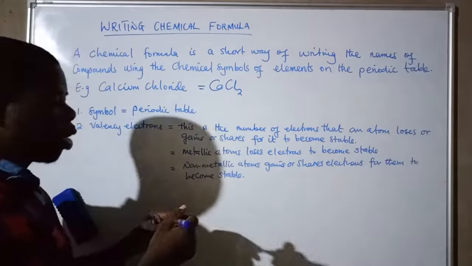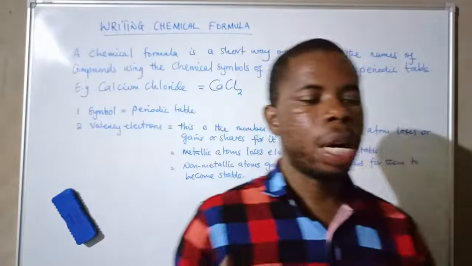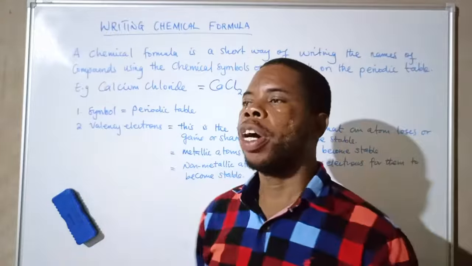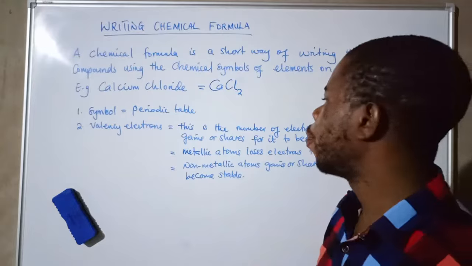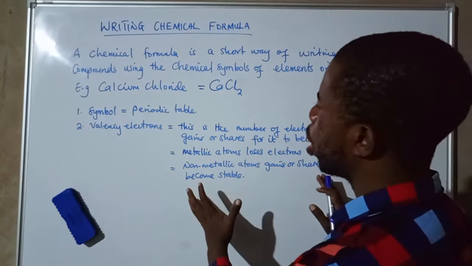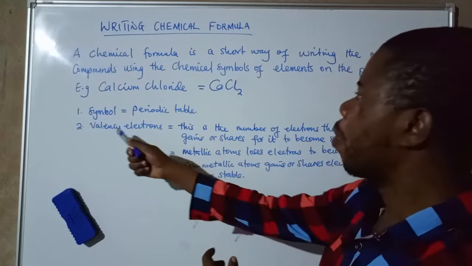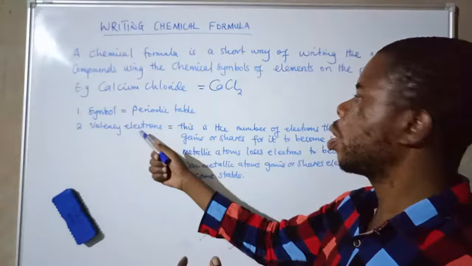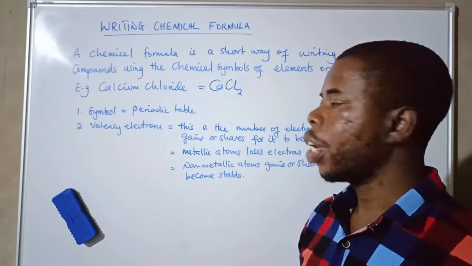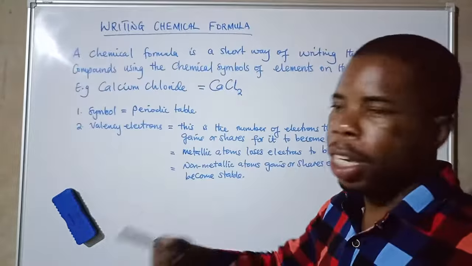So these concepts that I'm giving you must be understood and must be kept in your mind, in your brain, as you are writing chemical formula of elements. Having given you this concept, it is very, very important because these valence electrons, as much as you see it to be simple like this, exam questions come in a way they may ask you to just define valence electrons.